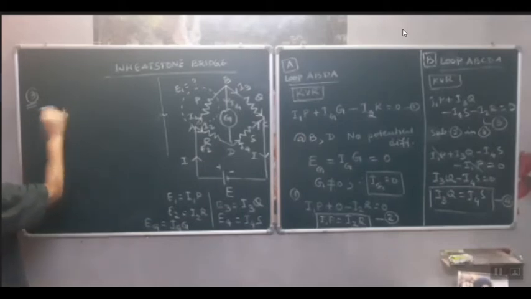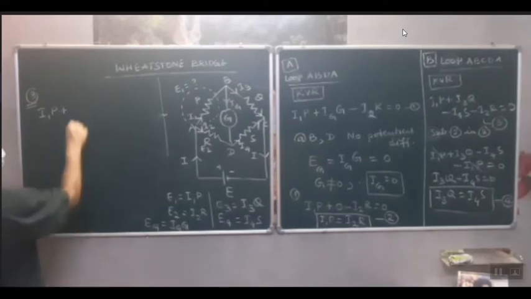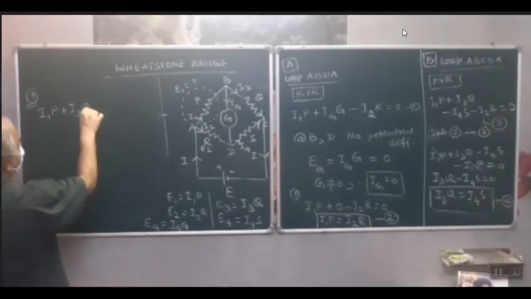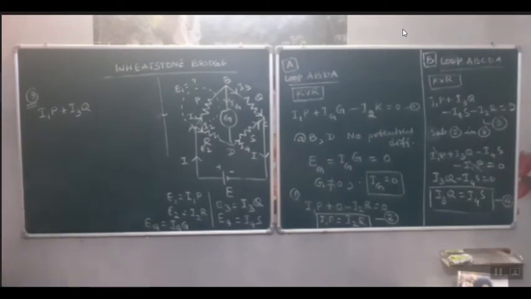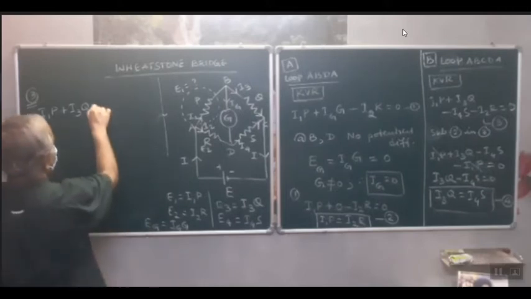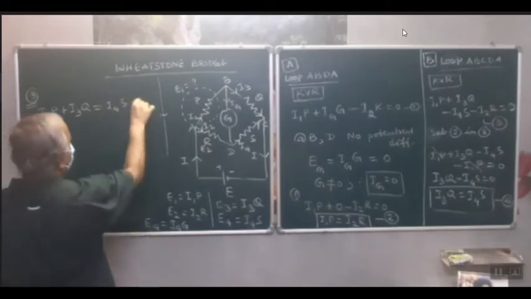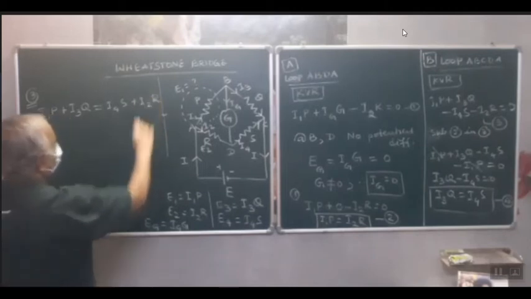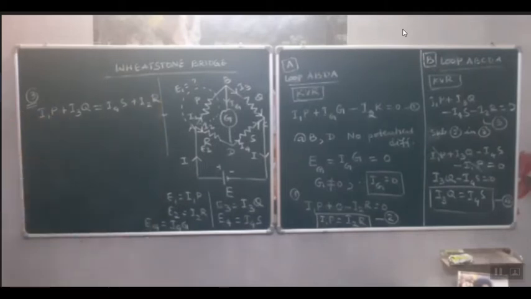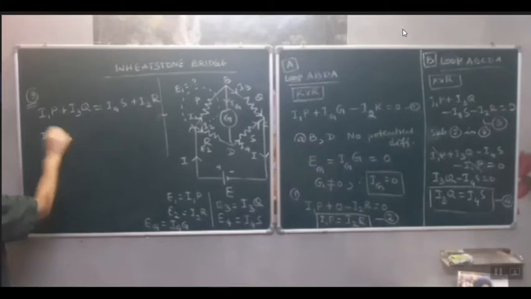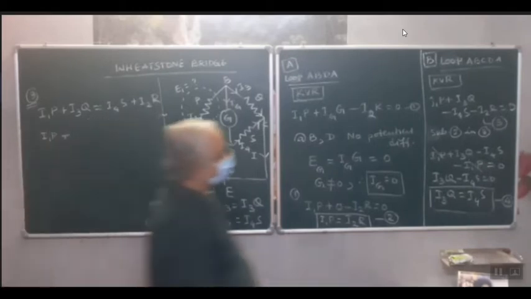Now let us consider the third equation: I1P plus I3Q is equal to I4S plus I2R. So we have rearranged the equation.